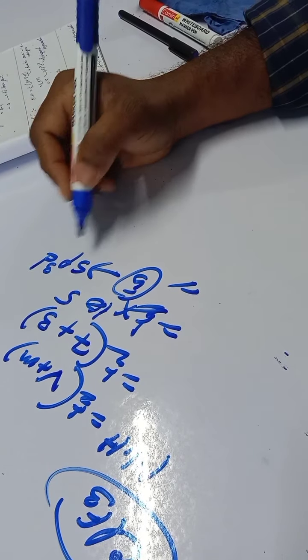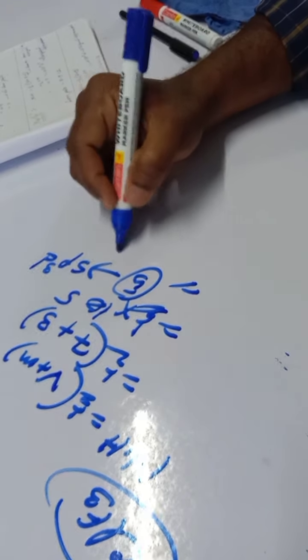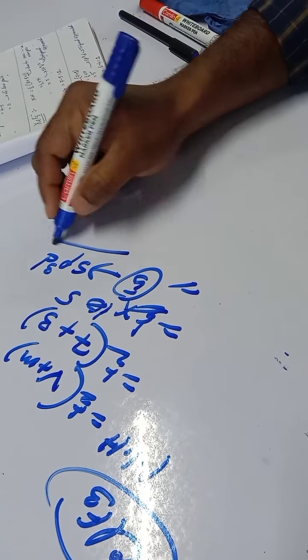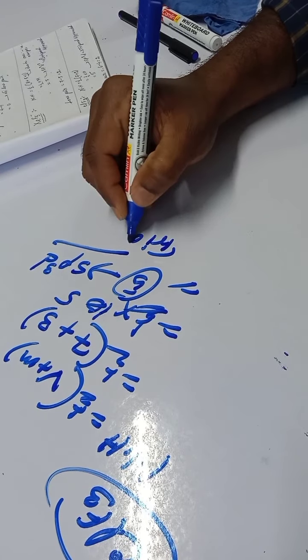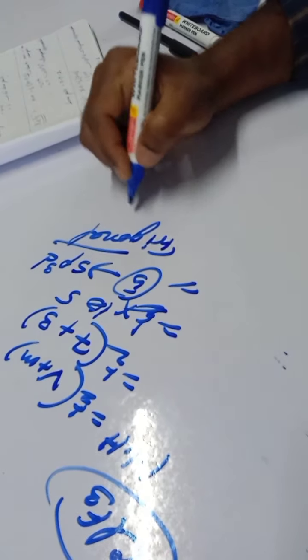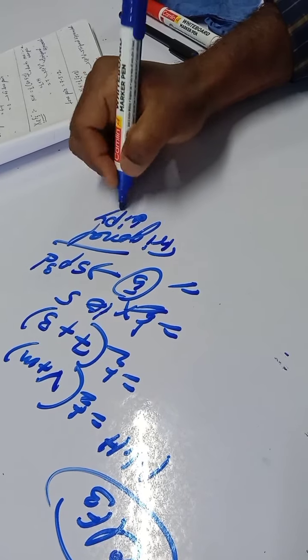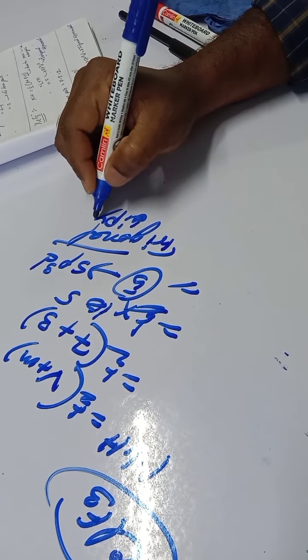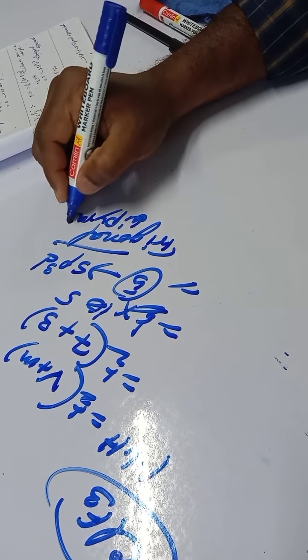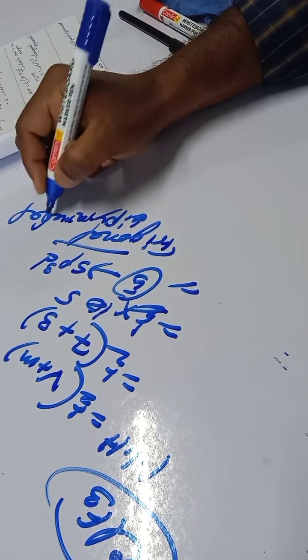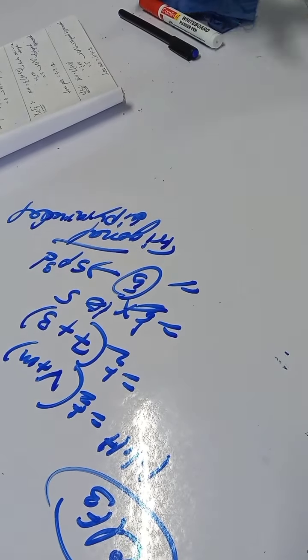You may write sp3d. This is trigonal bipyramidal.